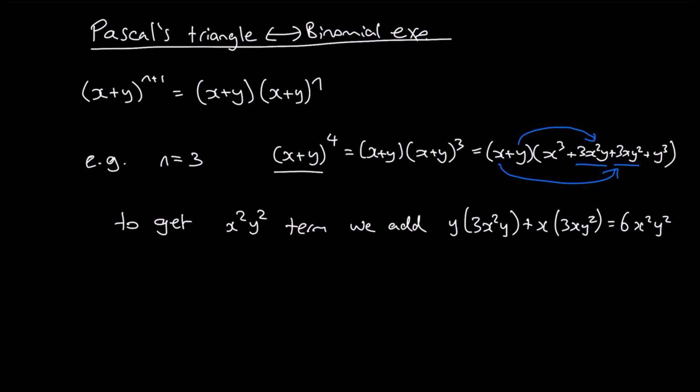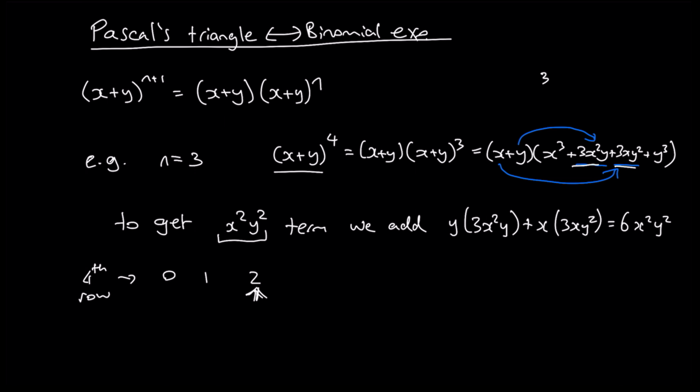And what I really want you to notice there is that in order to produce this x squared y squared term, which would be the 0, 1, 2, the second term along this fourth row, to get that second term, we added the x squared y and the xy squared term of the third row.